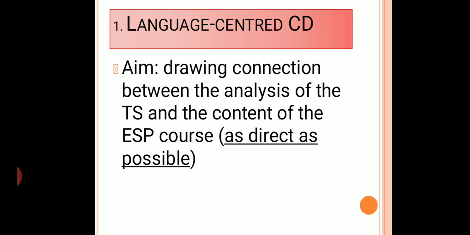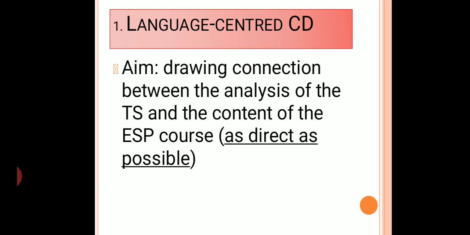So with this approach, you will link or connect the needs of the learners and the materials that you are going to teach. So you draw the connection as direct as possible between the analysis of the target situation and the content of the ESP class.